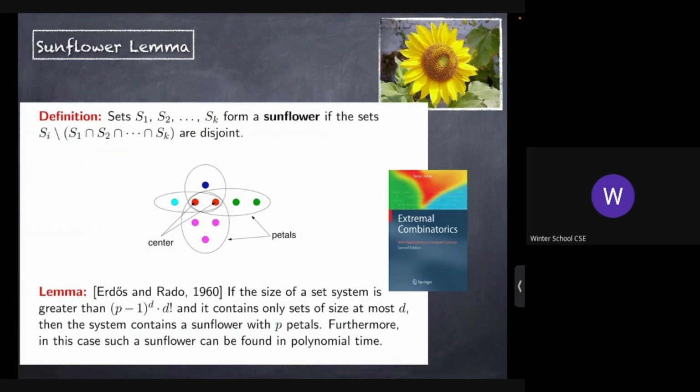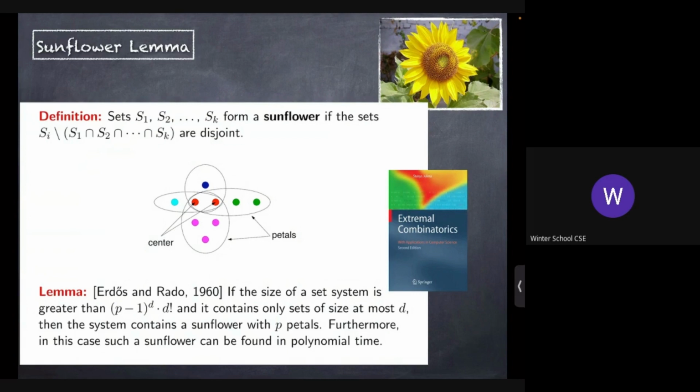Furthermore, there exist constructive proofs of this statement, and there is a polynomial time algorithm which computes the sunflower. So once again, what the lemma says: you take a lot of 3-hitting sets, and there are really a lot of them. Somewhere in this mess of 3-hitting sets, there exists a nice sunflower.